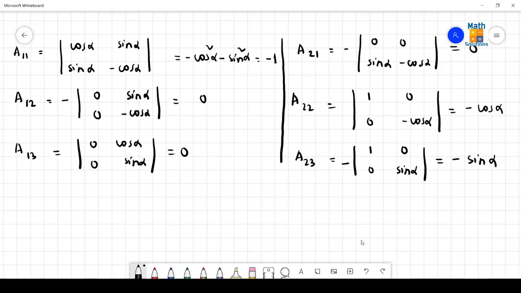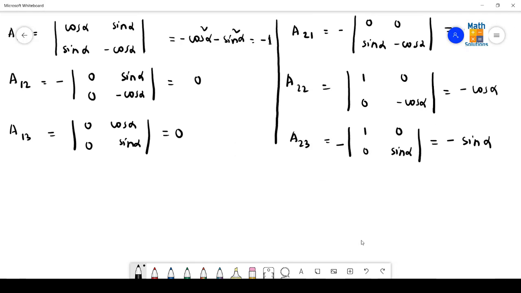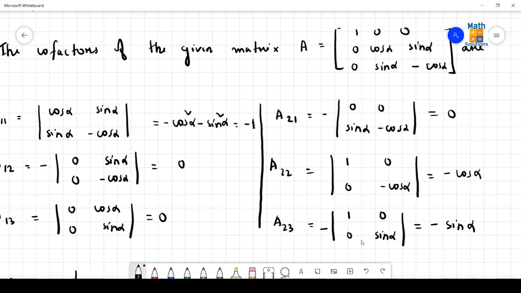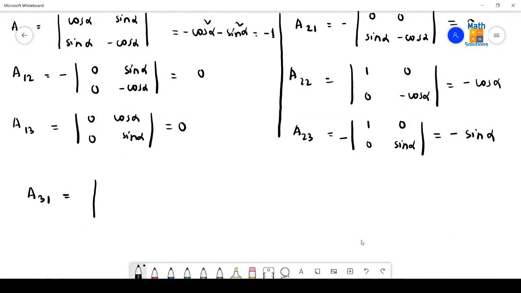After that, A31 will come with positive sign convention, and the elements are 0, 0, cos alpha, sin alpha, answer is 0.